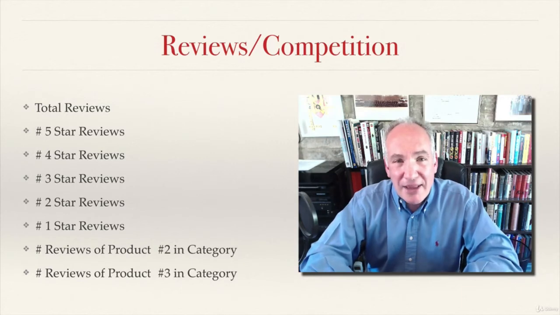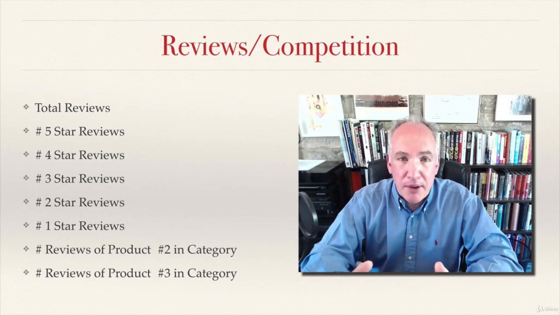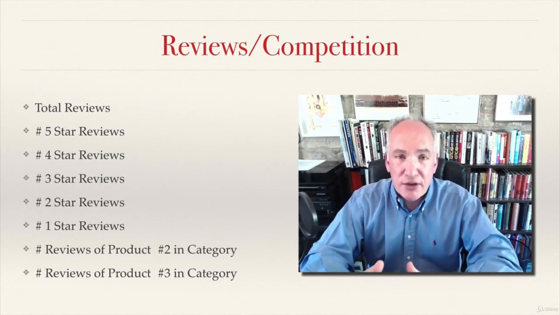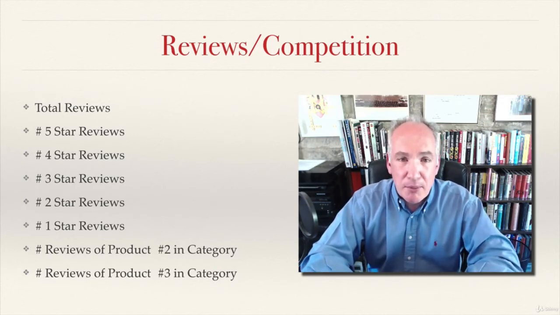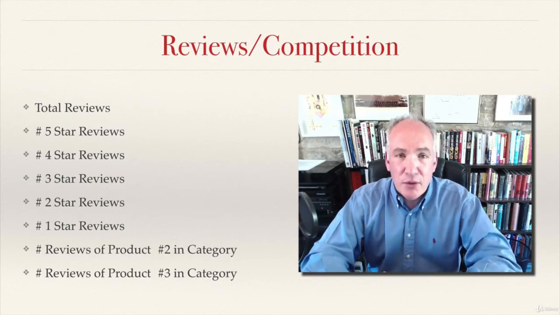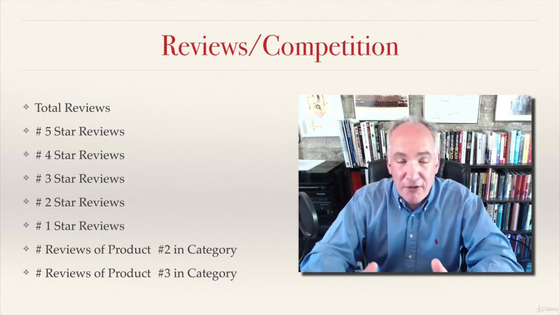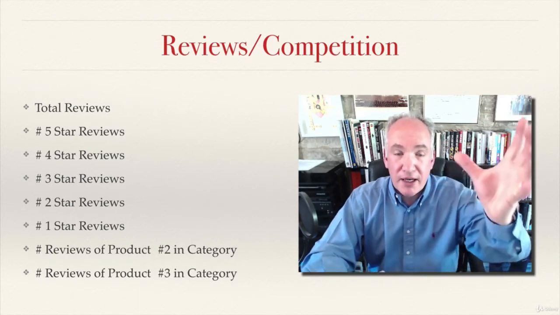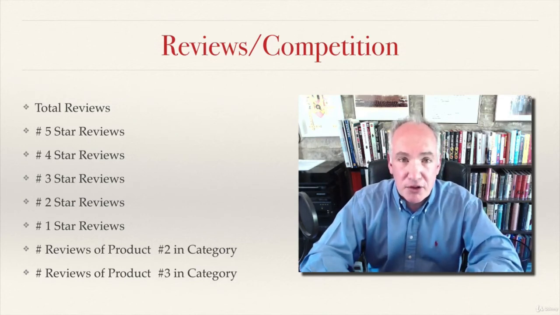Look as well at the number of reviews that the number 2 and the number 3 have in the category. And the reason for doing this is, if the product you're looking at has got a relatively low number of reviews, and the next 2 have got a relatively low number of reviews, you may have found a really interesting category, providing it's a large enough category to be interesting.